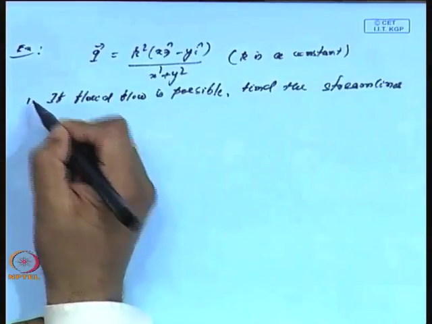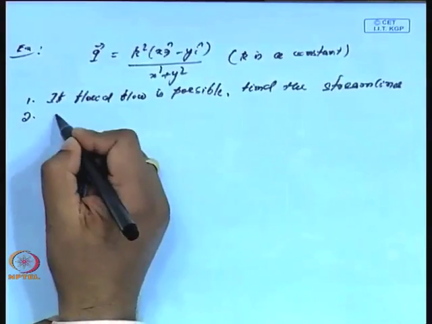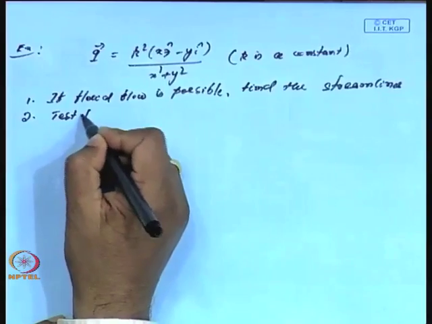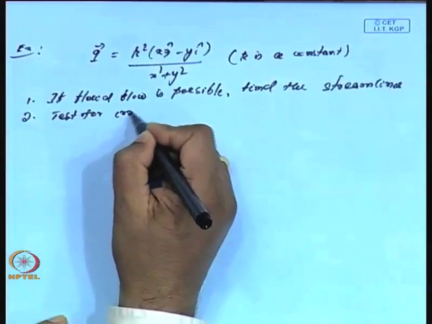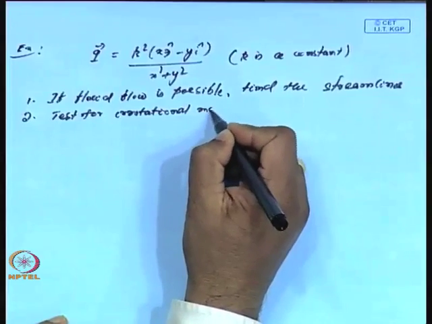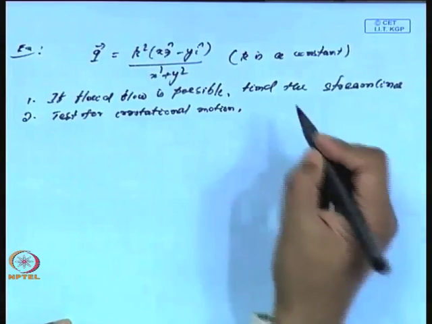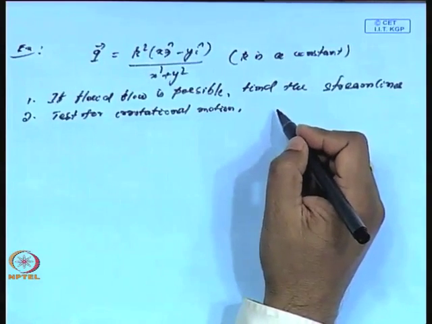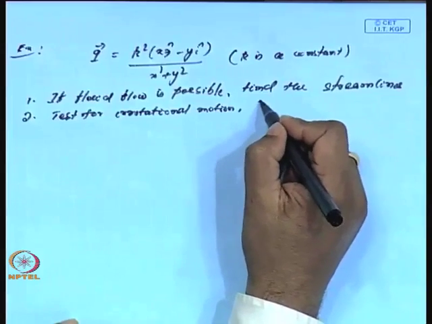That is the first part. Second part, test whether the flow is irrotational, test for irrotational motion. If the flow is irrotational, then find the velocity potential.